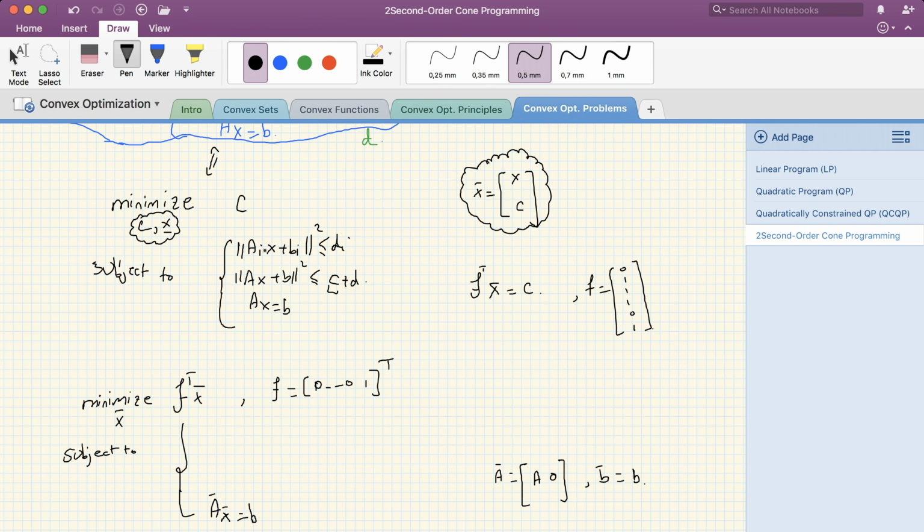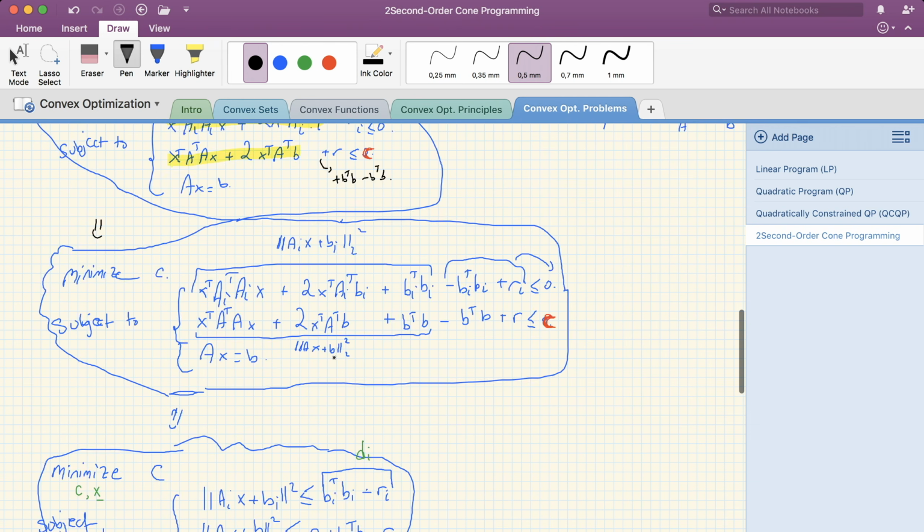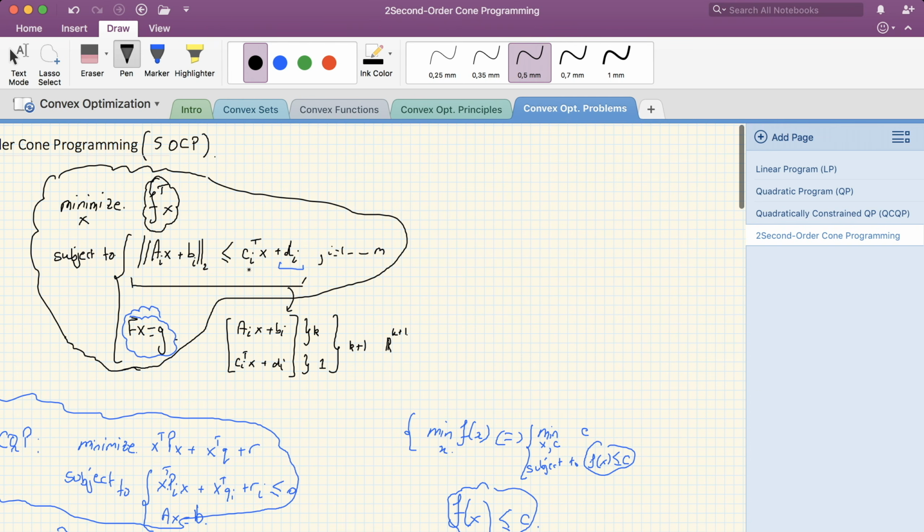Now, how do I choose in constraints of the form 1 right here? You could just say you've got Ai bar X plus bi square is less than Ci X bar plus di, so that we keep things consistent with the general form right here.